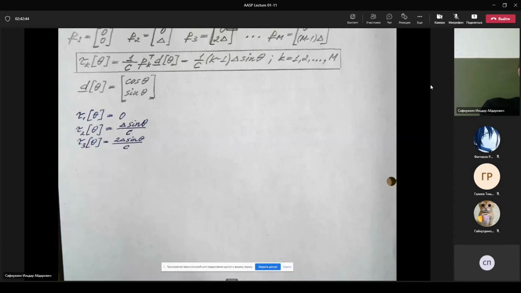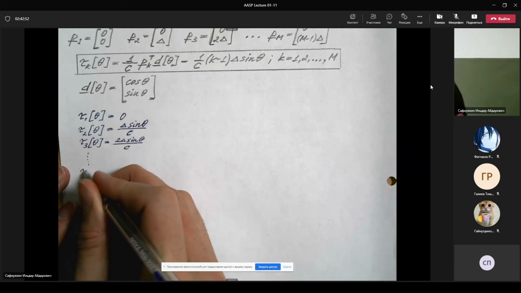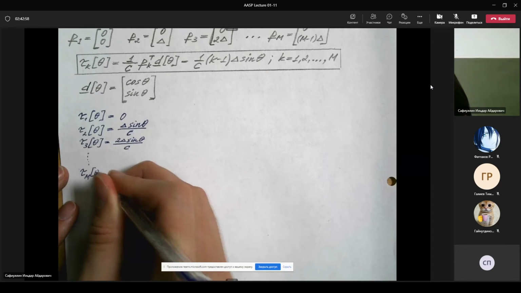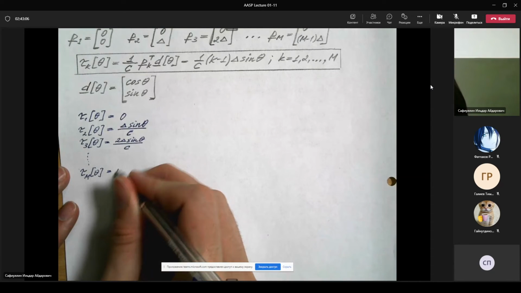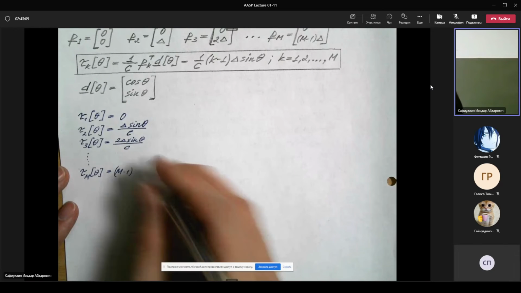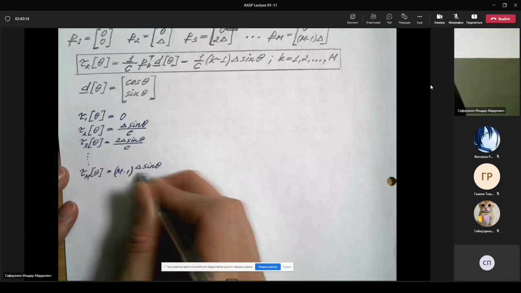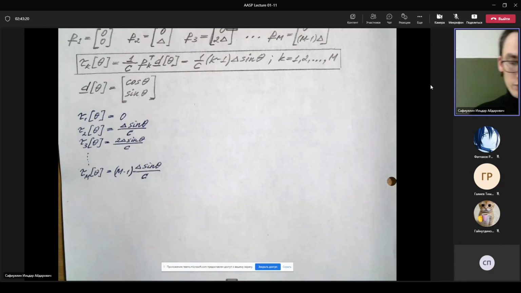And this goes to the last element here, tau subscript m of theta, which is equal to the biggest propagation time. In this case, it is m minus 1 times delta times sine of theta divided by c, of course.